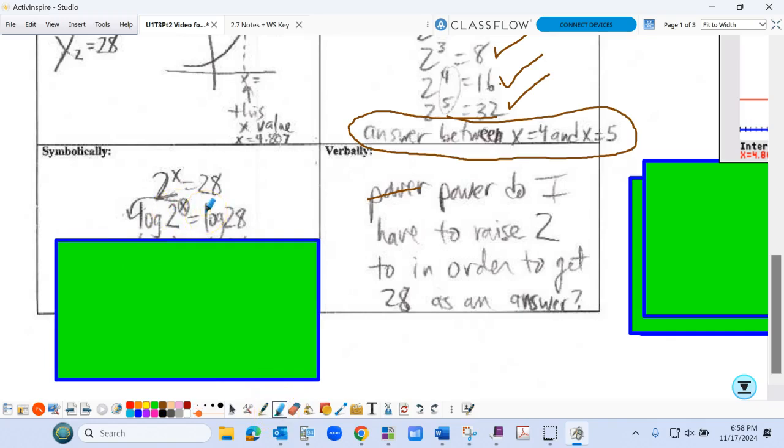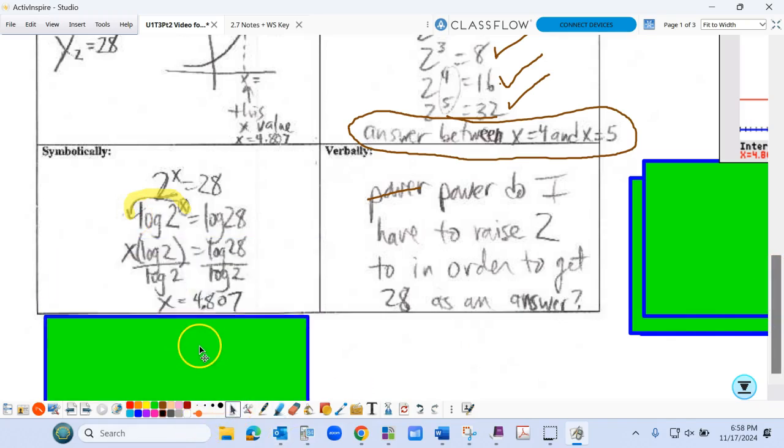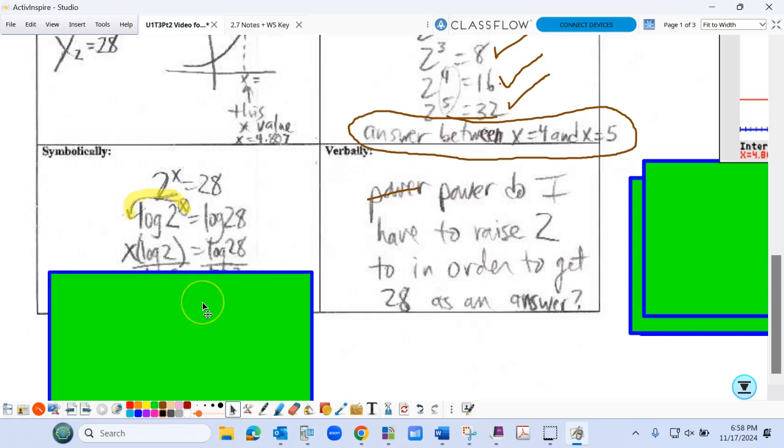Just like in the previous problem where the exponential goes away, if I do log 10 of both sides, this x is going to move to the front of my math problem. So now the problem looks like this. x times log 2 equals log of 28.